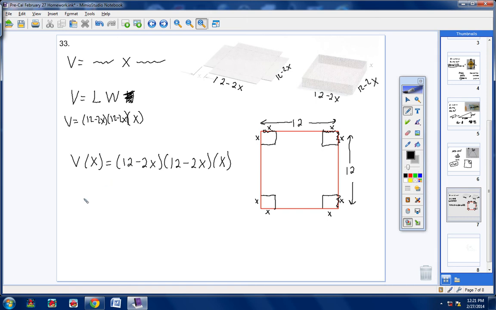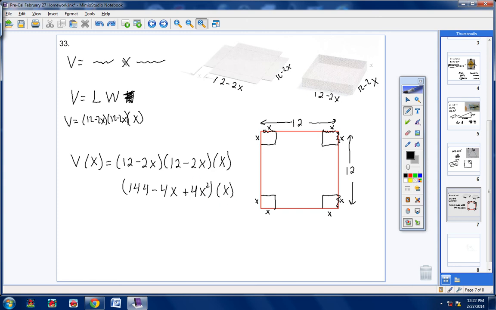Well, if I did, you would just simply take 12 minus 2x times 12 minus 2x. You would get 144 minus 48x plus 4x squared, all of that times x. So then you take this x and you multiply it through. So you would have 144x minus 48x squared plus 4x cubed.